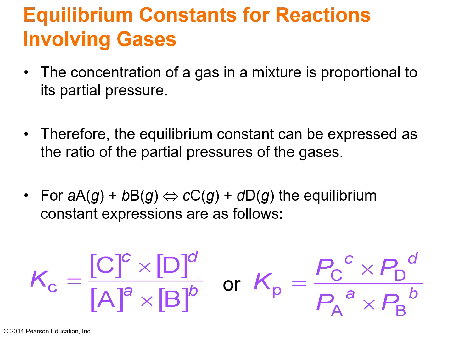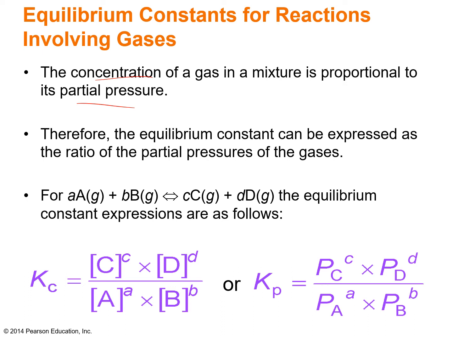Gases are unique, therefore they also have specific properties unique to themselves. The concentration of a gas in a mixture is proportional to its partial pressure. As you probably remember from previous classes, in some cases when you're using a concentration, you can use partial pressure in lieu of it, as long as it's constant throughout. Therefore, the equilibrium constant can be expressed as a ratio of the partial pressures of the gases.